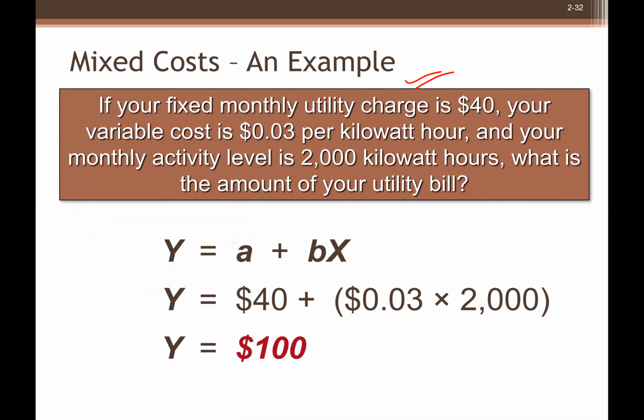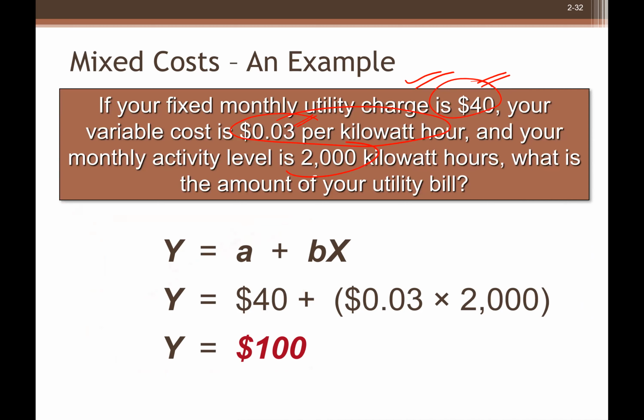If your fixed monthly utility bill charges you $40 and your variable cost is $0.03 per kilowatt hour, what does it mean? It means even if you don't use any electricity, you are gone for a month, even then you have to pay $40. And if you use electricity, you have to pay $0.03 per kilowatt hour, right?